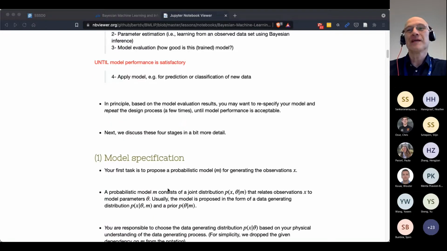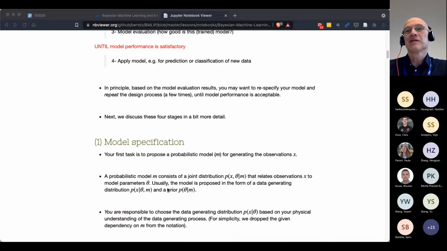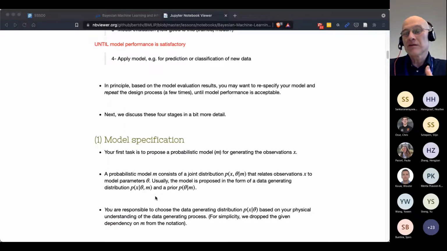So you always begin, whatever your problem is, by proposing some model for how the data is generated, right? So this is a model, let's just label it M. This model has parameters. Theta could be 100 parameters or 2 or 500, right? And you say, well, I can run that model and the model can generate observations X. We call this the data generating distribution.